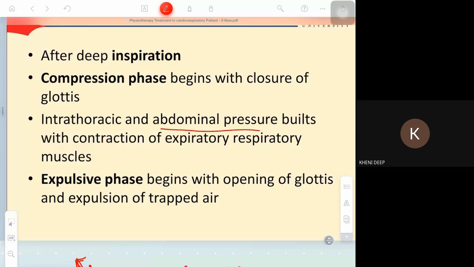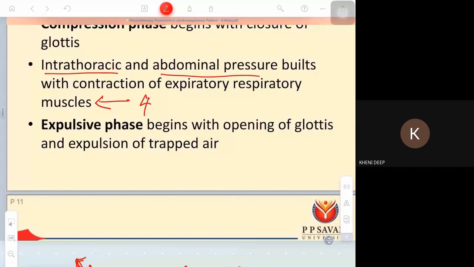Next, intrathoracic pressure will build with contraction of all the four muscles: perineal muscles, abdominal muscles, gluteal muscles, shoulder depressor muscles. So what will happen? The pressure is increasing, and suddenly when the glottis opens, trapped air is expelled forcefully.